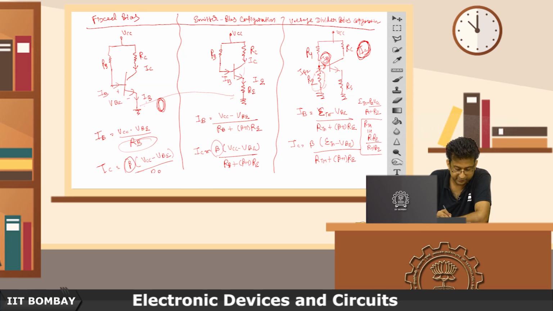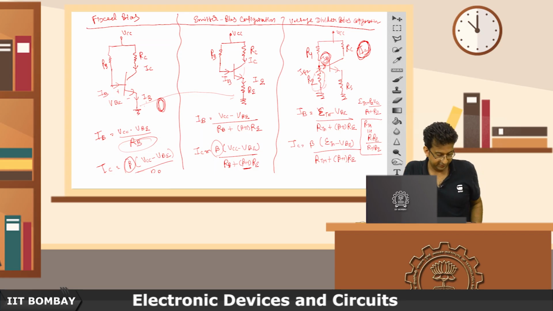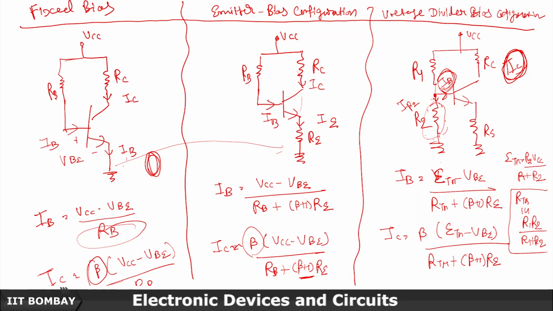On the contrary, here there is something in the denominator. If it is increasing in the numerator, something is there in the denominator, so that will control it. Other than that, this has more control because of this arrangement, and this works better. So that's why this voltage divider bias configuration is better than the emitter bias configuration.